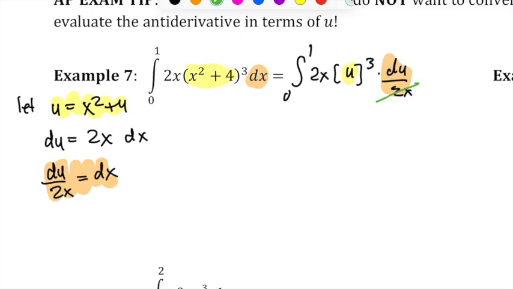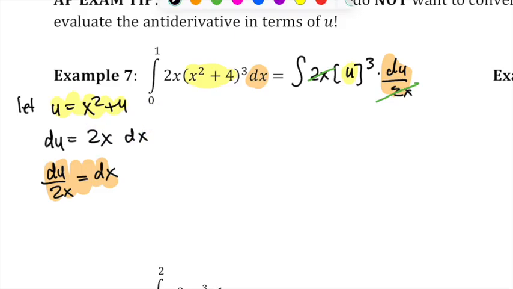From here, the 2x's cancel, which is great. And now we need to change the limits of integration again. So this is from 1 to 0 with x's. So we're just going to plug in 1 to find our new u, and then plug in 0 to find the new u.